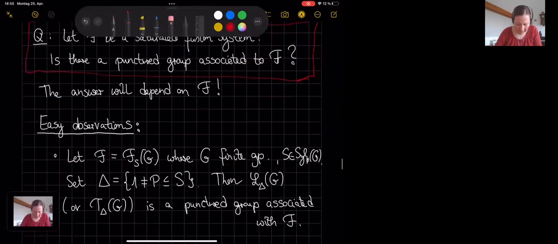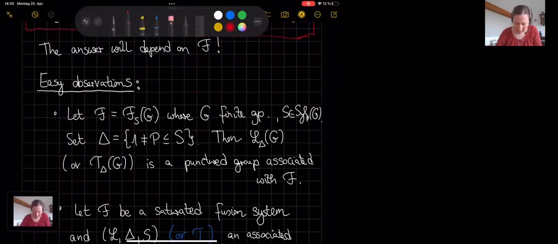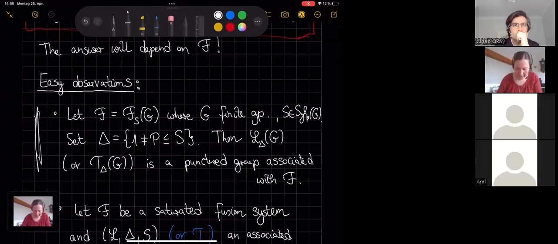So I said already, if we look at the fusion system of a group, then we always get a punctured group. So if F is F_S of G, then I can take the set delta to be the set of all non-trivial subgroups of S. I want this to be the object set of a punctured group. And as a punctured group, I can just look at L delta of G, or similarly at T delta of G if I prefer to look at a transporter system.